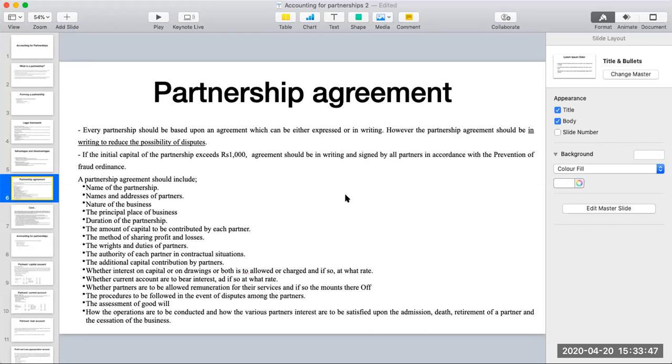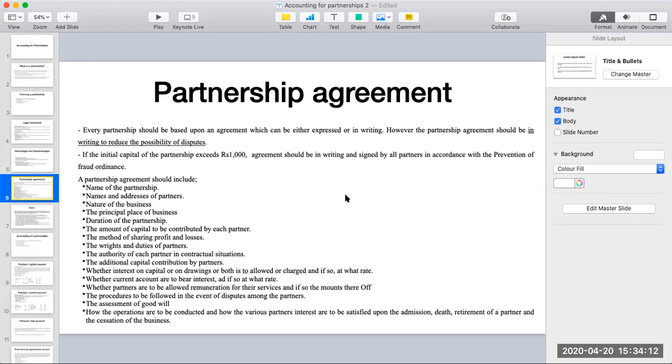So there can be working partners. There can be nominal partners. So what are the rights and duties of them? The authority of each partner in contractual situations. So there can be some partners who have the power or who has the authority to sign for something.